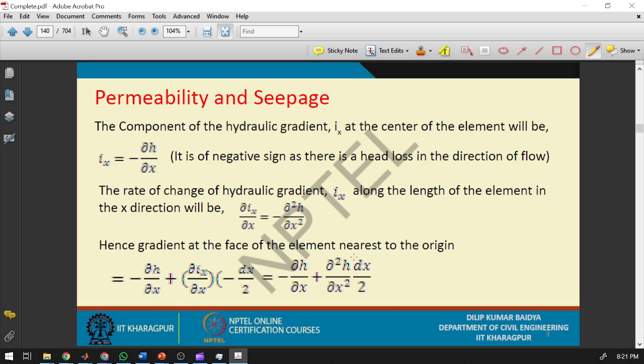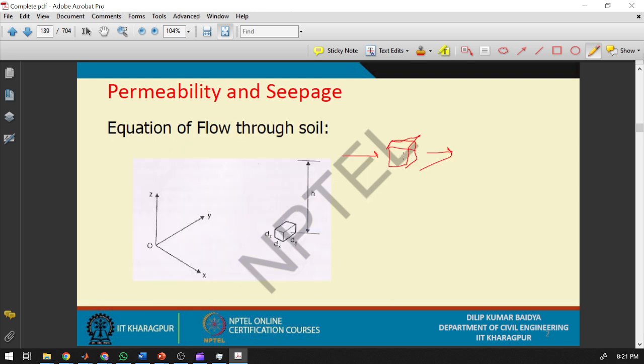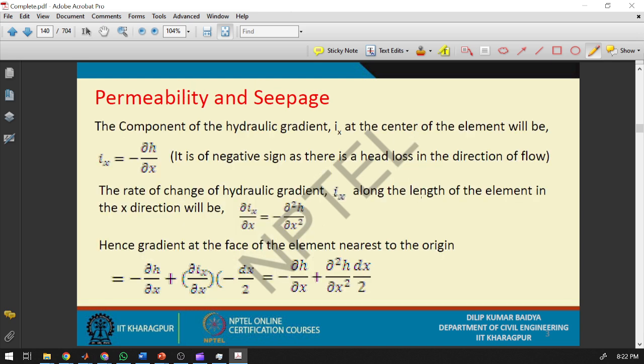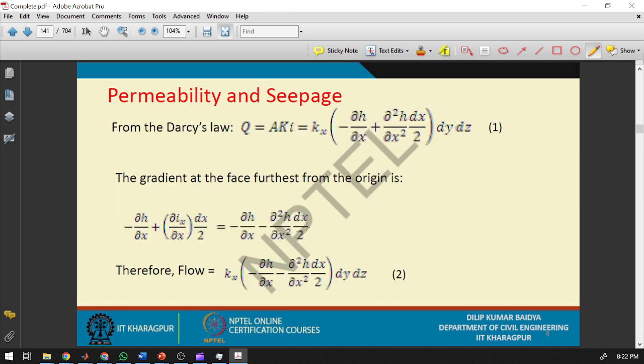The only thing is that in water, when we used to do that, there was not any fall of head when moving from this body to this. Here we are talking about head fall, hydraulic gradient, change in hydraulic gradient.